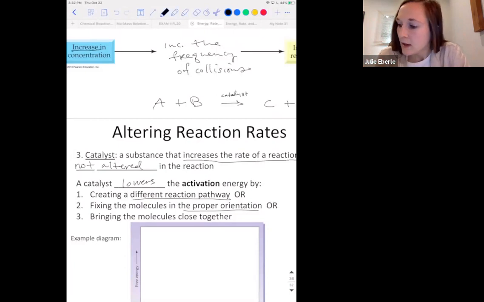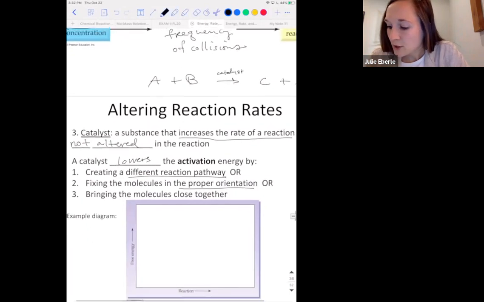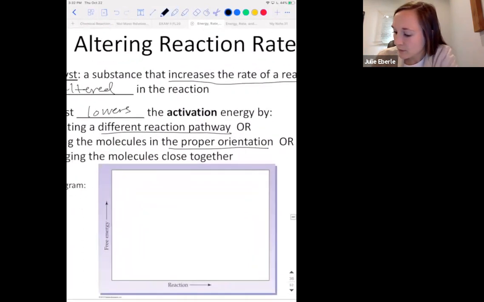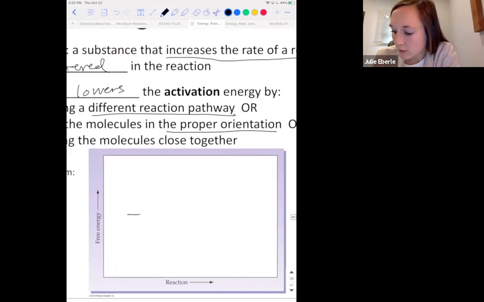Okay. So let's draw a picture though of a reaction pathway without a catalyst and then with a catalyst, and see how they're different. So we know if we have some energy level for reactants, and we'll just say some energy level for products, we know that we're going to have a reaction barrier. Okay.